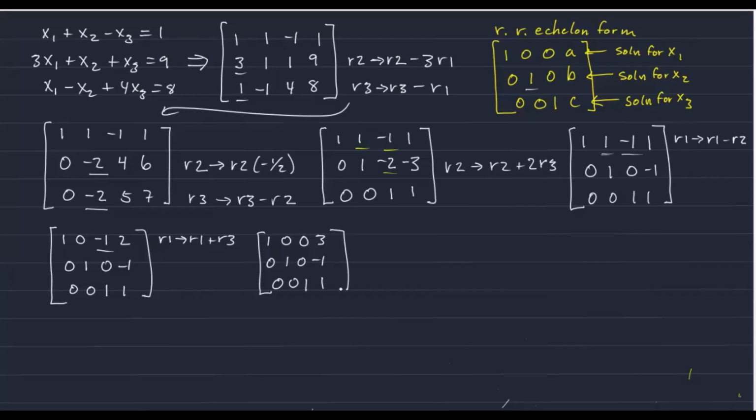And there we have it. We now know that x1 is equal to 3, x2 is equal to minus 1, and x3 is equal to 1.